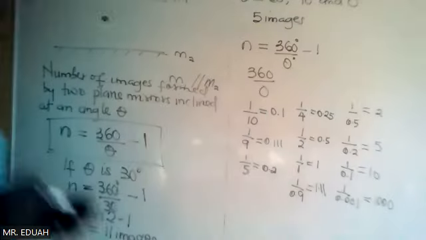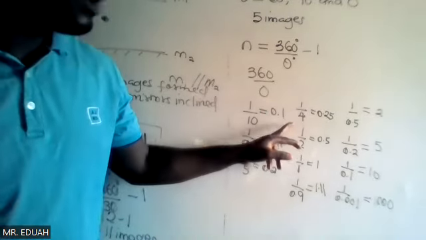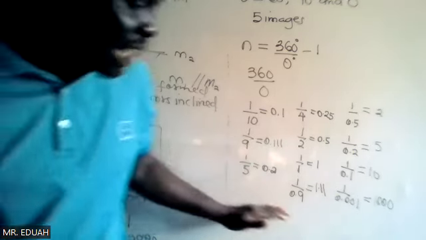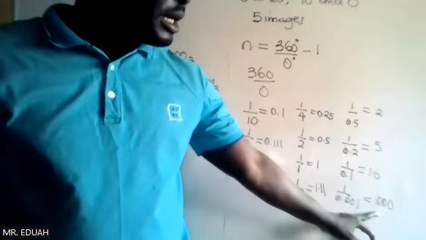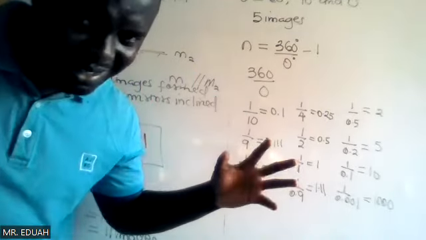So let's end here. We could see from what we've done that as the denominator draws closer to 0, the whole quotient or value becomes large.